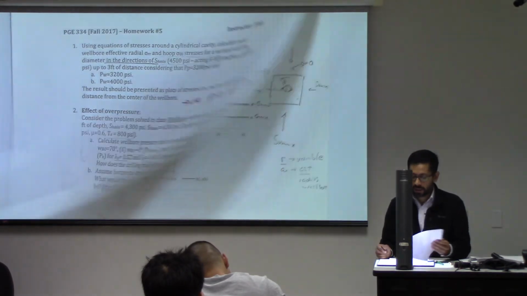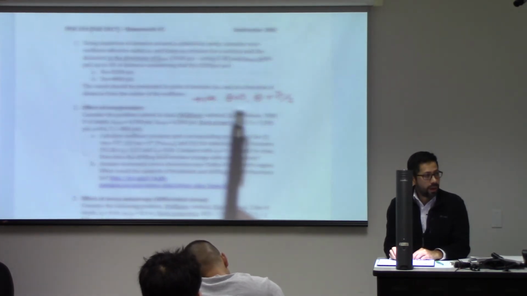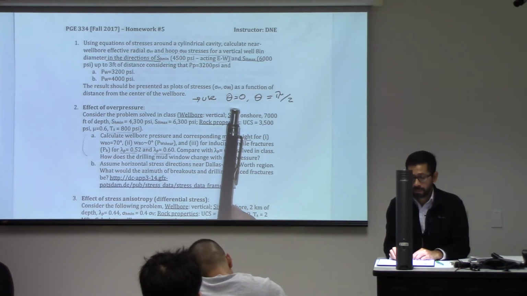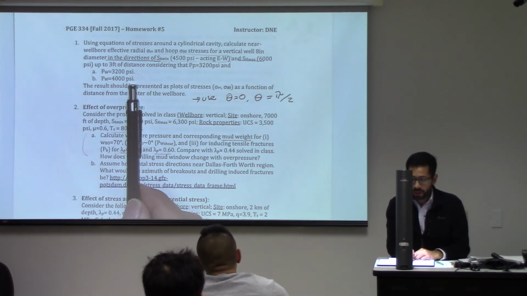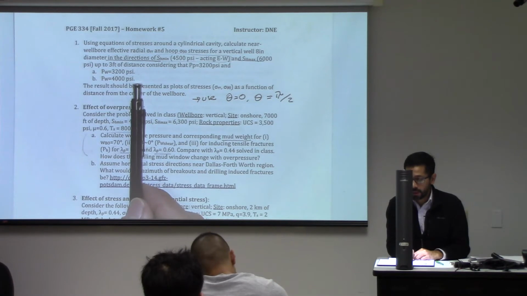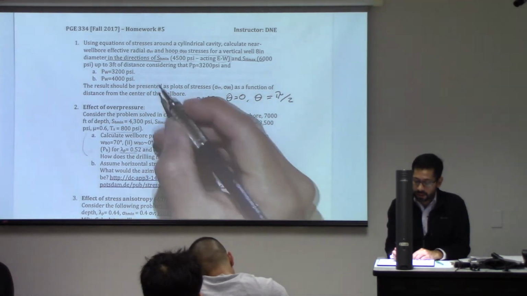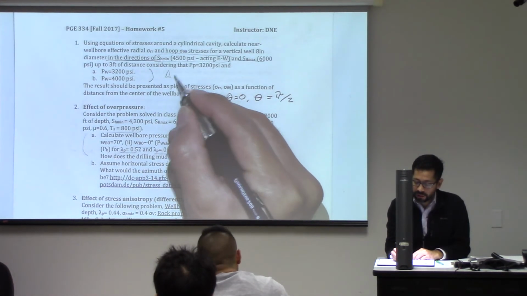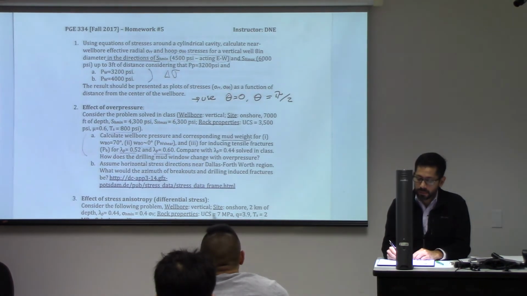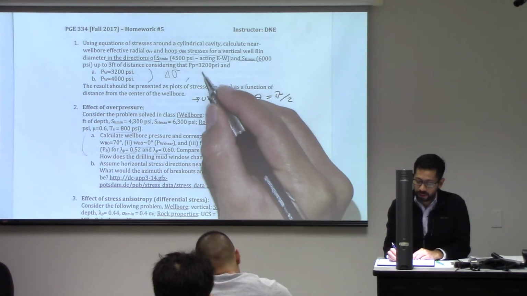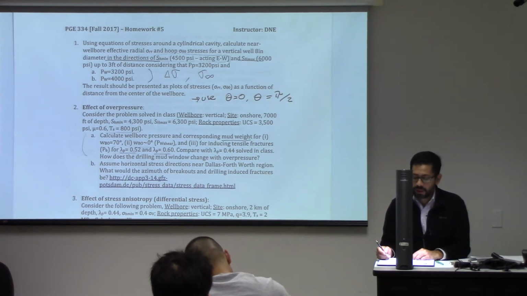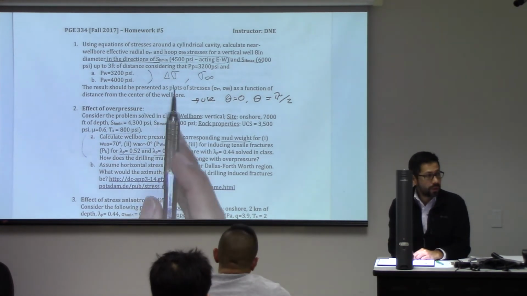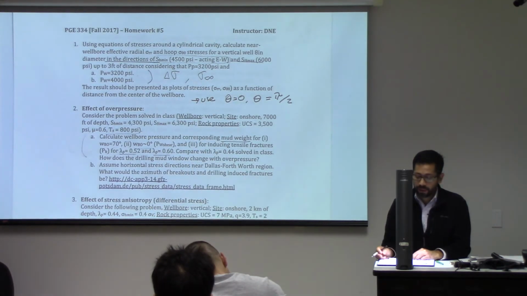What is the effect of the orientation theta? This is an example with pressure in the wellbore, but similarly, you need to know the effect of the differential stress, and the effect of the far field infinite stress. All those three are going to have different effects on the stresses.